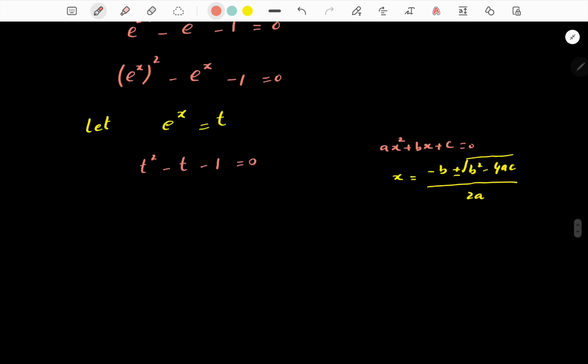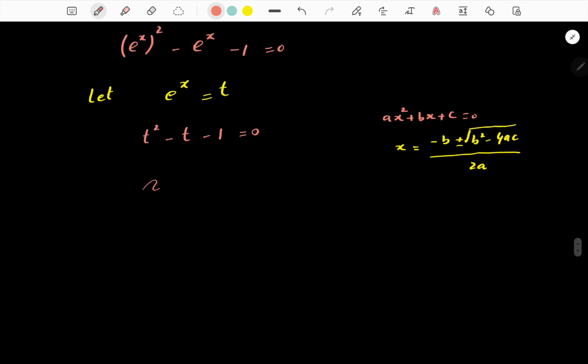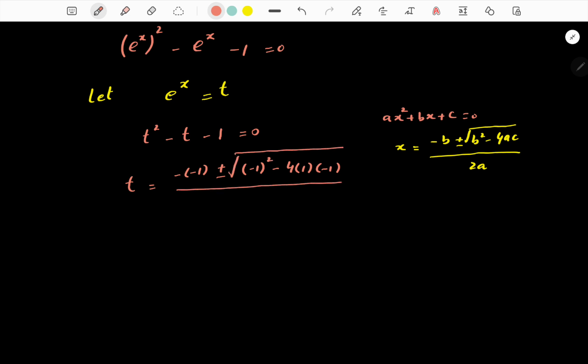So according to this formula, t is equal to minus b, b is minus 1, plus minus square root of b square, that is minus 1 square, minus 4, a is 1 and c is minus 1, under root, whole divided by 2 into 1.